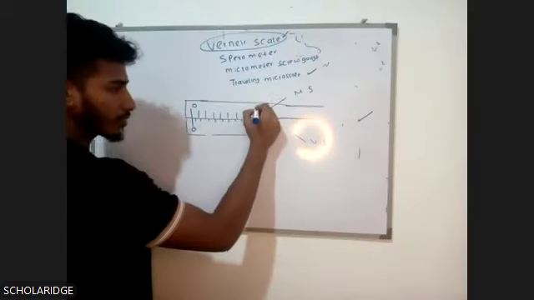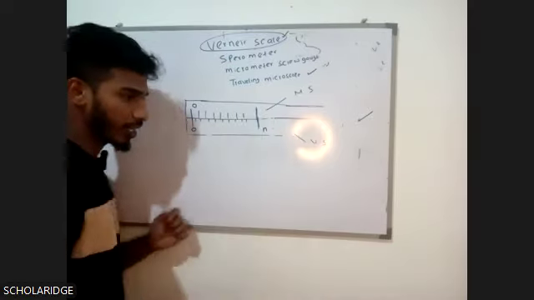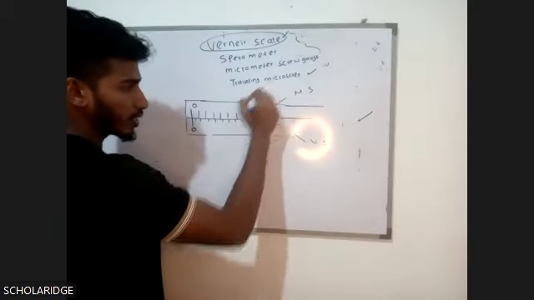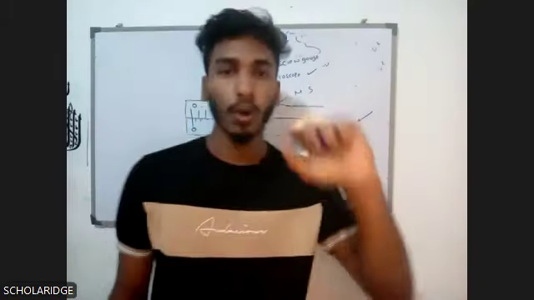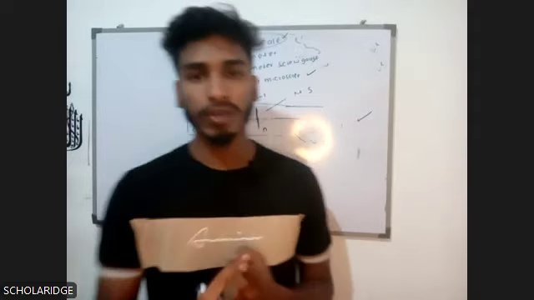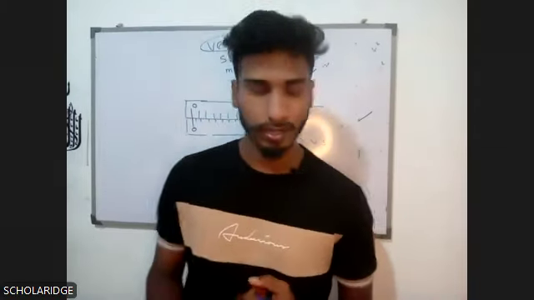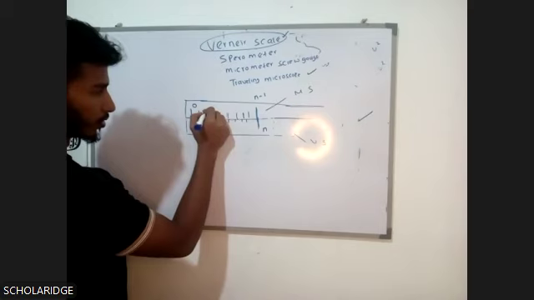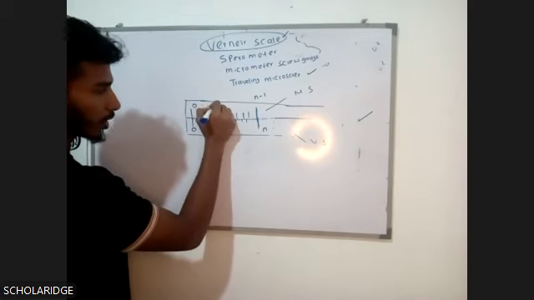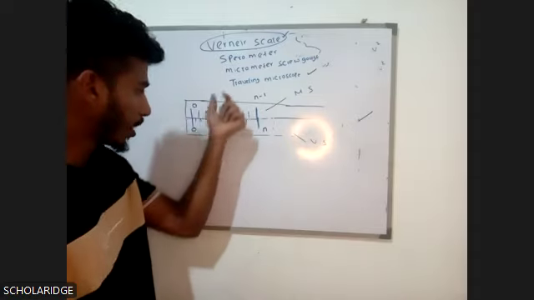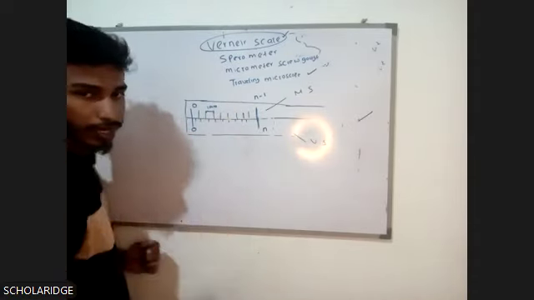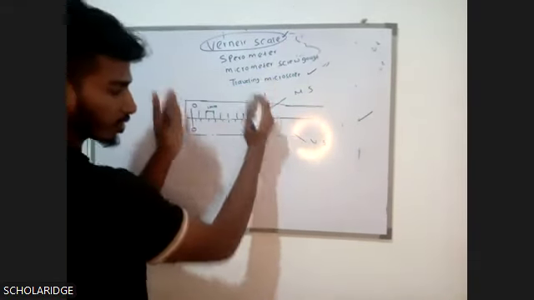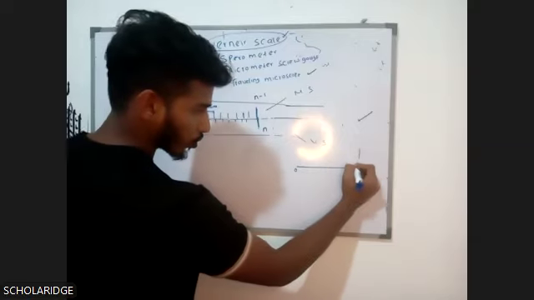So let's say if n divisions coincide in the vernier scale and n minus 1 divisions in the main scale coincide with each other, how are you going to find the least count? First of all, let's say it is an ordinary ruler, there will be a gap of 1 millimeter between every mark in the main scale. So first of all, let's find this measurement from 0 to n minus 1.